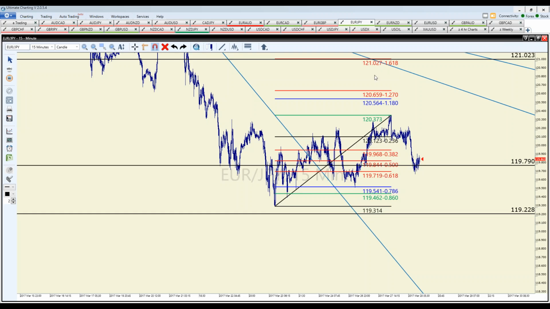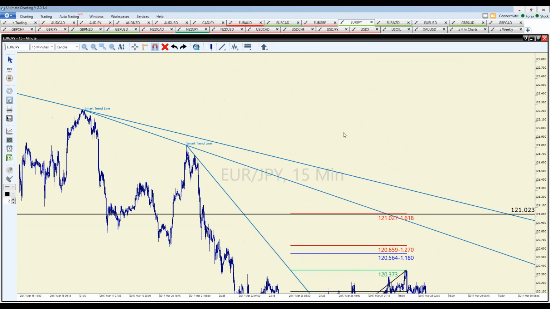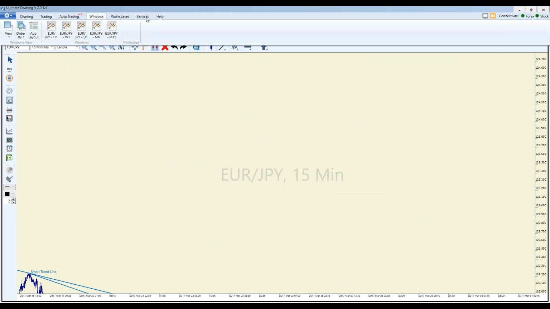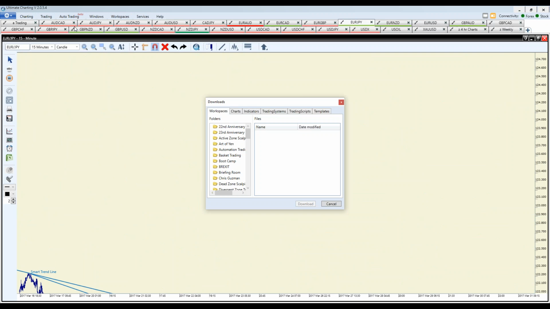Good question. If you go to your chart, let's say you're on this or any other pair, click on Services, then on Downloads. Once in the download window, look for the Indicators tab. Services, Downloads, Indicators.